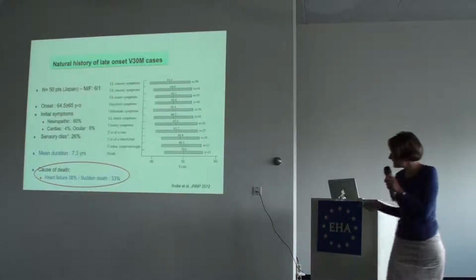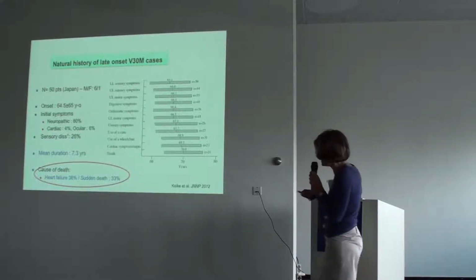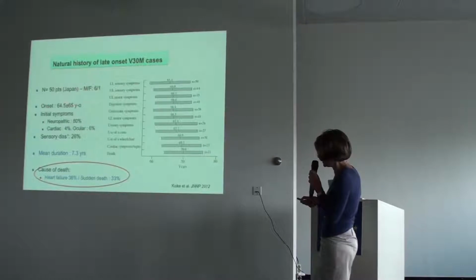The Japanese, of course, studied more deeply these late onset cases, and it turns out that there is an important male predominance. Onset is quite delayed, as you can appreciate here, 64 years old on average.